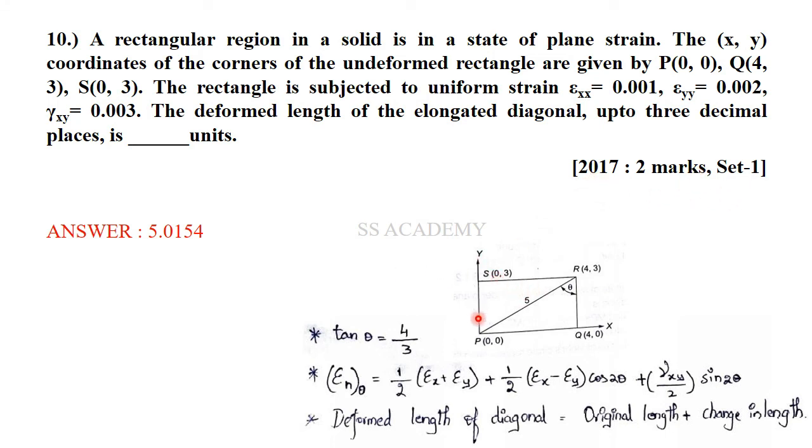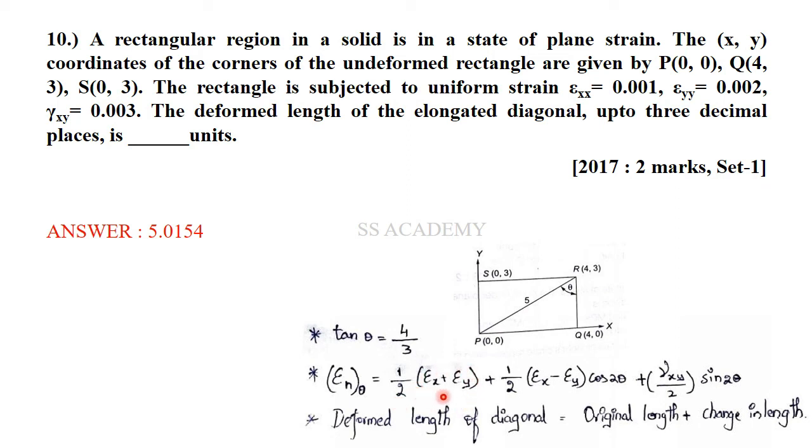First we have to draw the rectangle, and from this rectangle you can determine the original length of the diagonal from these values 4 and 3. By the Pythagorean rule you can understand that this value comes up to be 5, and from this you can calculate theta, that is the plane of the diagonal. By determining the angle of the diagonal you can determine the strain happening in the diagonal plane.